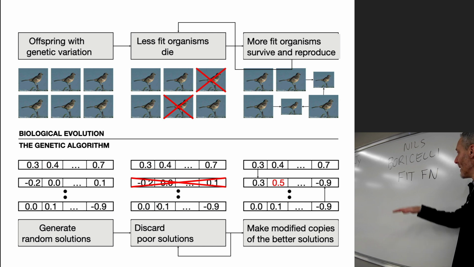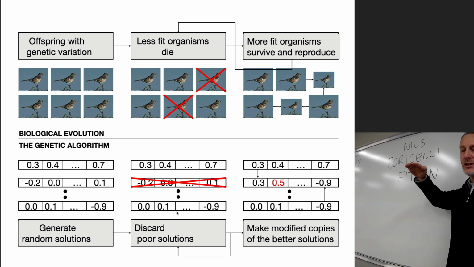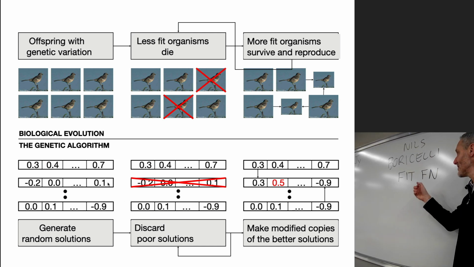The genetic algorithm takes this fitness function and applies it to each candidate solution in the population. In the first generation here, we just have random solutions. It assigns values. You can imagine that randomly generated solutions tend to do very, very badly at whatever it is we want them to do. They all get very, very poor scores assigned to them by the fitness function.